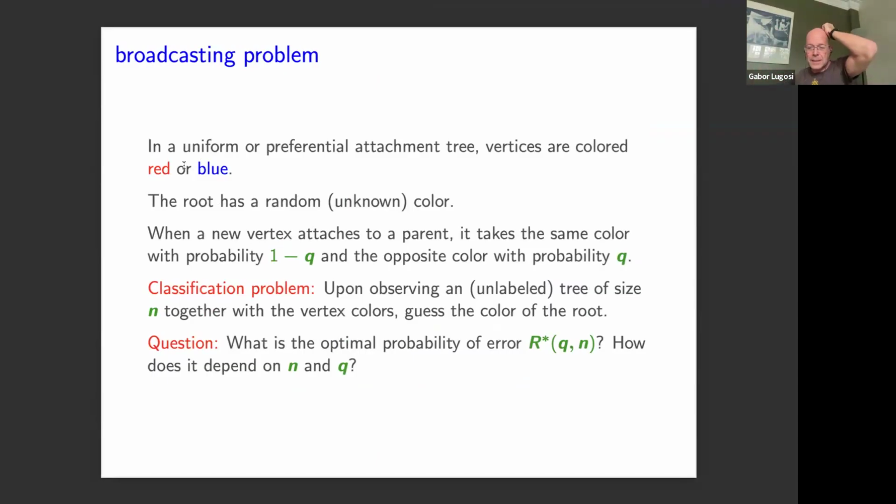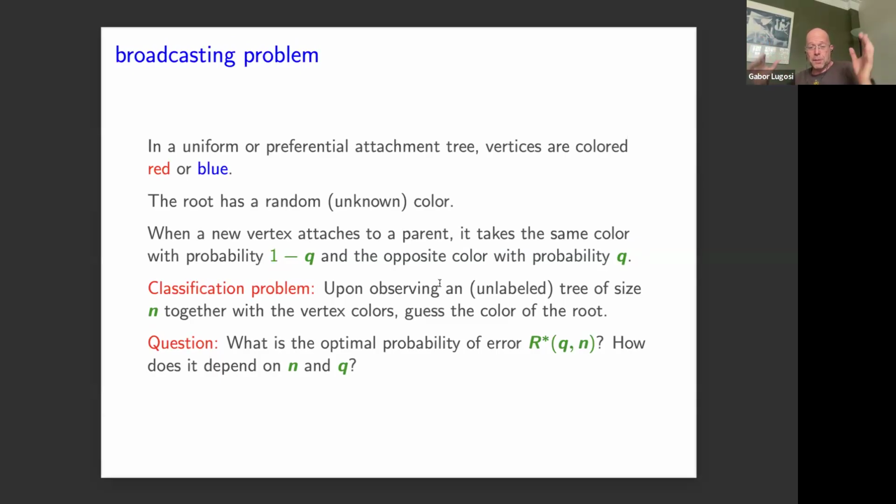When a new vertex is born, it attaches to a random vertex, just like before, but then it chooses a color. If the parent is a Democrat, then with a higher probability the new vertex will become a Democrat, but with some probability Q, the vertex is a rebellious vertex and will change party affiliation.